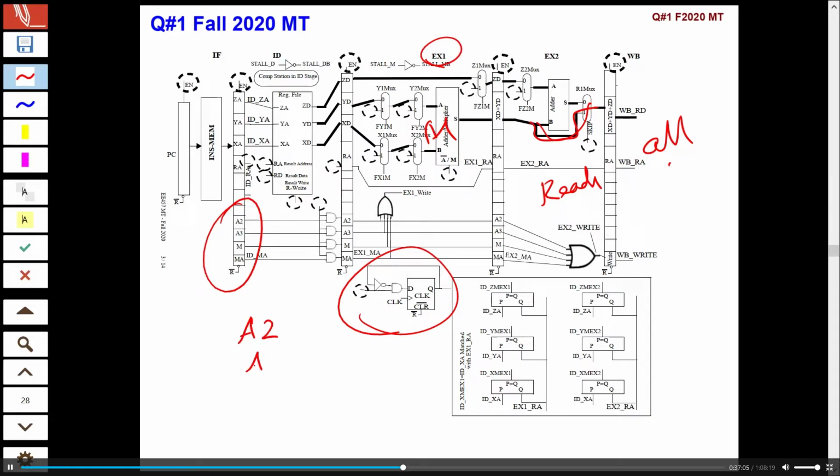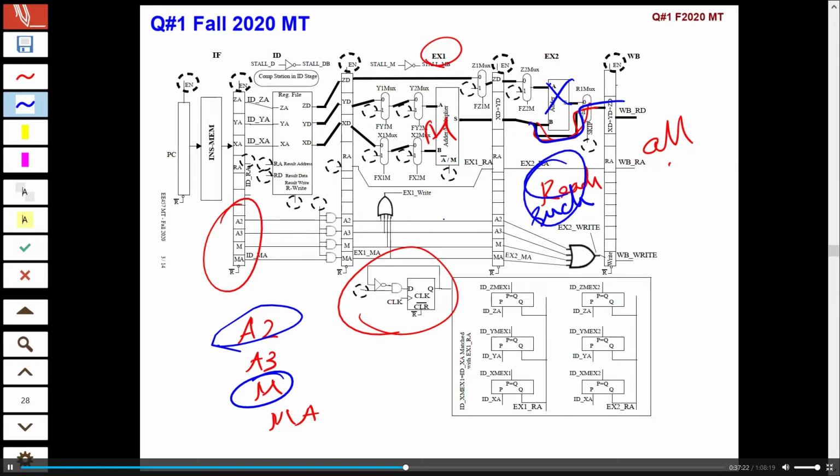A2, A3, M, MA. Then it's clear these two guys go like this and do not perform additional addition. Such and such seniors here can help you at the beginning of the clock. And there are two people to help you.